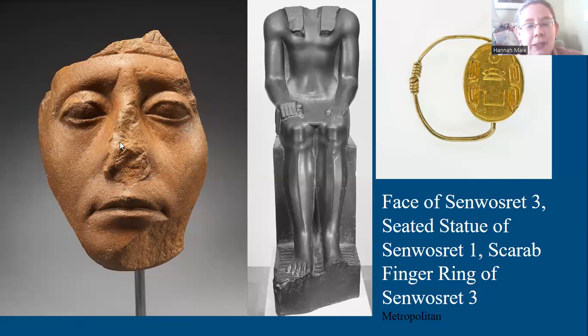And one of the other things that you see, particularly for the 12th dynasty rulers, is that for the first time they present themselves as somewhat aged rather than the ever youthful depictions and facial structure that you saw in the Old Kingdom. This is a seated statue of Senusret I. And then this is a finger ring of Senusret III. We know it's him because it has one of his names on it.